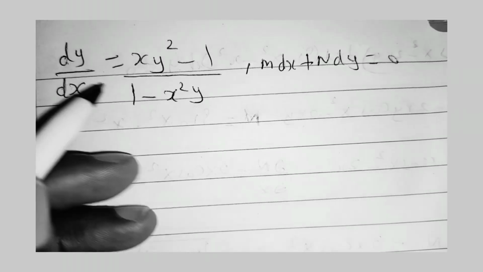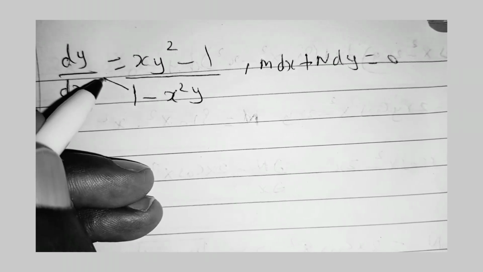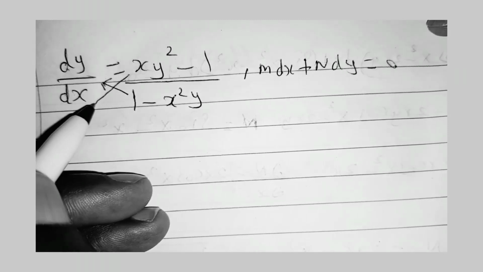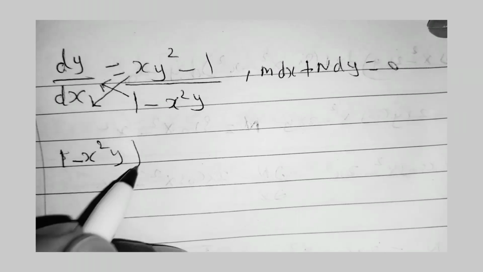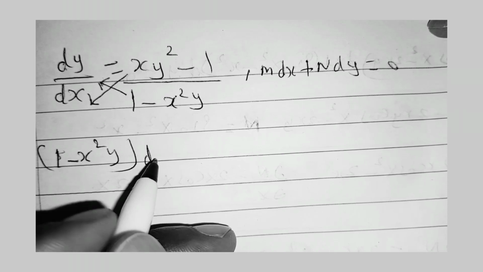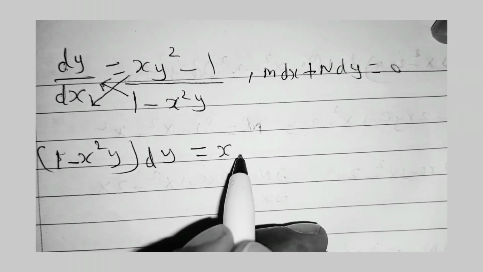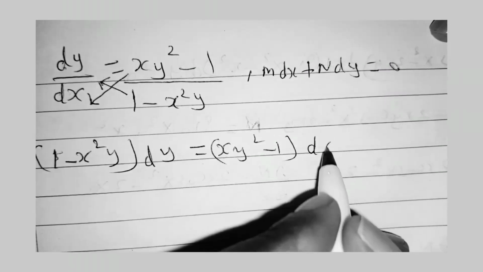So you can cross multiply. We are going to multiply it this way, and this other part that way, to obtain (1 minus x squared y) dy is equal to x(y squared minus 1) dx.